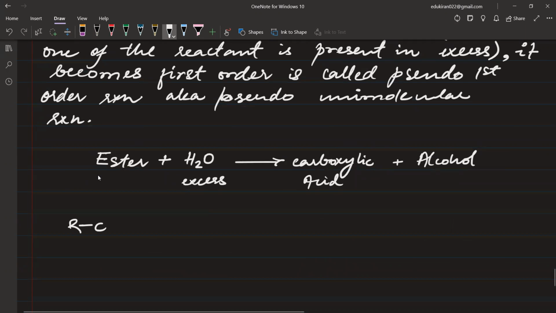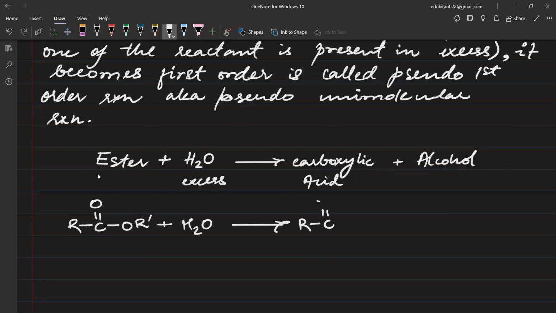For example, you have R, C double bond O, O R dash plus H2O. What will you get? R, C double bond O, OH plus R dash OH.